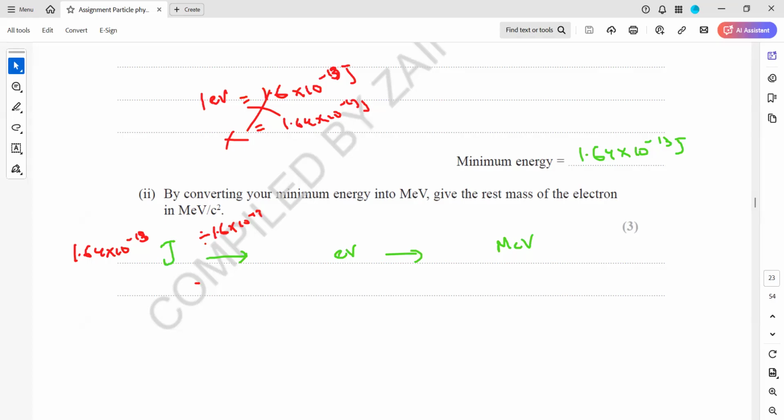Oh, 1.025 times 10 to the power negative 32? We have to divide. Yes, so 1.64 times 10 to the power negative 13 divided by 1.6 times 10 to the power negative 19.